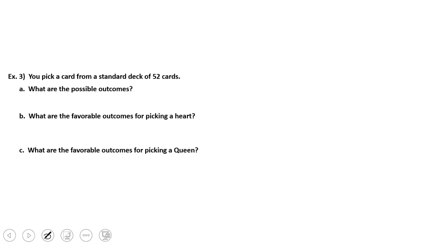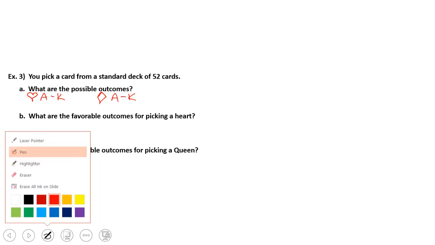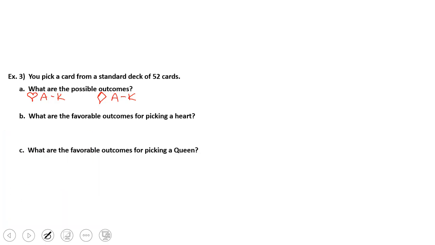All right? But I'm just going to go, hey, we have the hearts, and there's ace through king. How many cards ace through king? Do you know the number? That's right, there are 13 cards that are hearts. And then we have the diamonds, and that would also be ace through king. And then what other cards do we have in a deck of cards? That's right, we have the clubs.